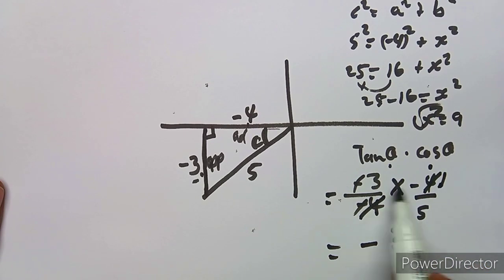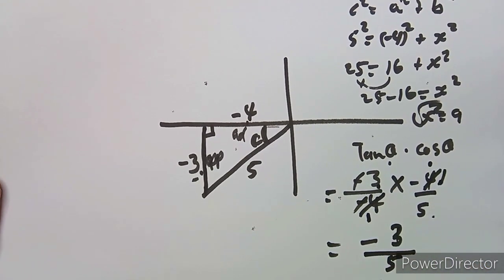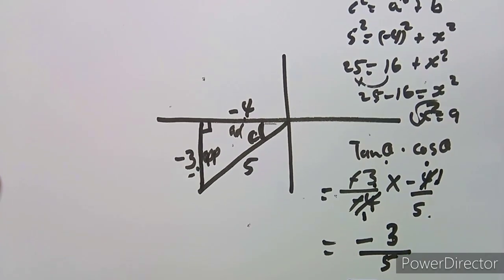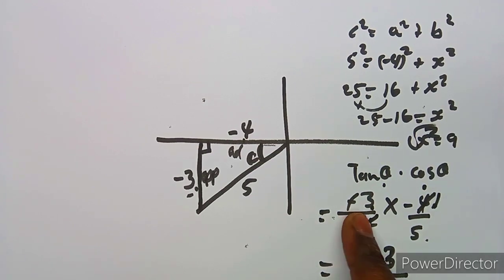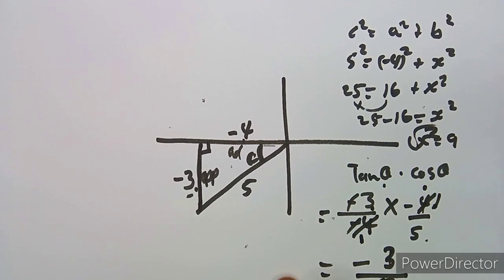In fact, because it's -1 times 3, which is -3, over 1 times 5, which is 5. So it's going to be -3 over 5. So that's what we have, and also to know that this quadrant is actually for tan. So tan was going to be positive here, then because of cos, which is negative, it becomes a negative again. All right, so that's how some of these questions look like.